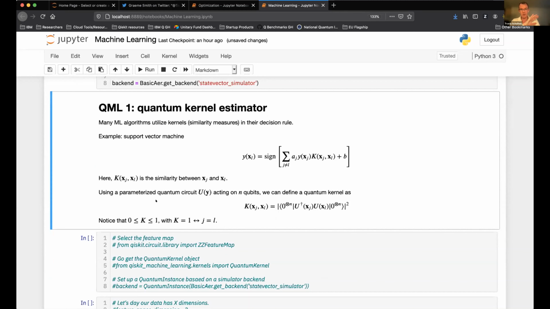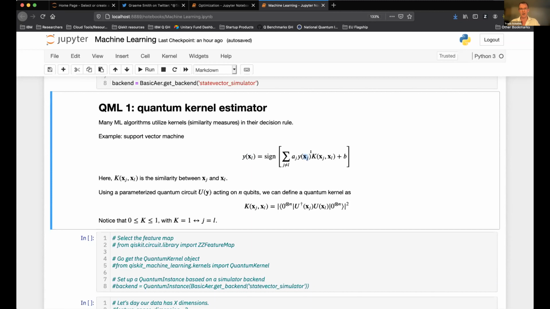The thing that we're talking about here is the fact that many classical machine learning algorithms, support vector machines, regressors, etc., use a decision rule that often involves a kernel. Taking a support vector machine for concreteness, that's represented in this equation, where y, my decision rule for a given data point x sub l, is going to depend upon my other data points x sub j.